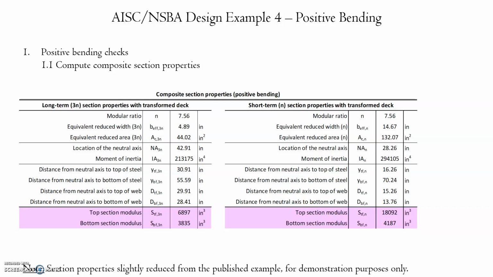So here now we're going to go over the spreadsheets that are produced by Embrace 3D. In a first step, the program will compute the composite section properties. So first we're going to look at positive bending.